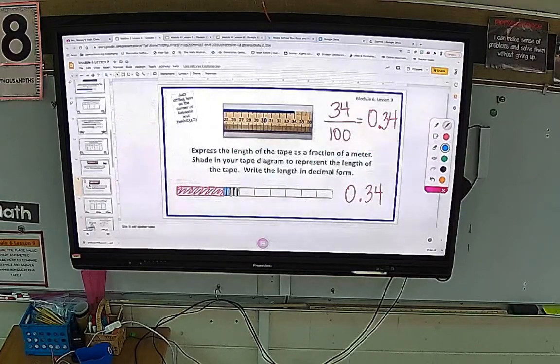Now we have 2 tape diagrams shaded in. Just look at the tape diagrams. Which one of these numbers is larger? Okay, he said at first they're equal because they look equal on his.